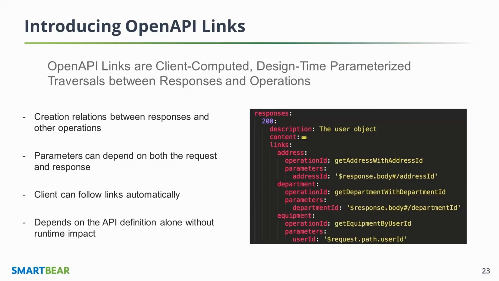But the idea is that you can say it saves traffic in terms of what actually comes and goes, but still the clients will be able to follow those links by following the definition itself. And using the same expression language that we mentioned before in the callbacks, you can actually get details from the request itself, even from the request that you end up sending, from the response.